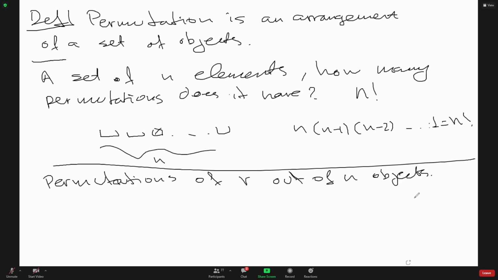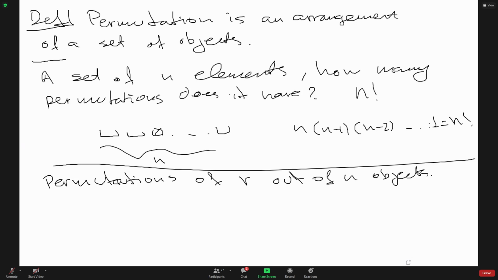So instead of having all n objects in my permutation, I choose only r of them, and I want all the permutations of these things. Ideas?